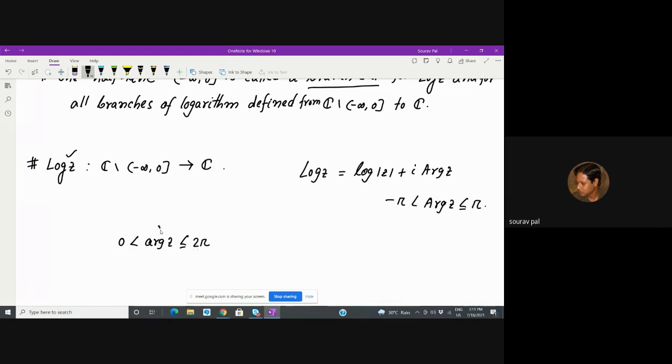If you restrict your argument to lie in this, then also this is a well-defined function from C to this. If you give it a name, say arg tilde, you are considering this a function from 0 to 2 pi.